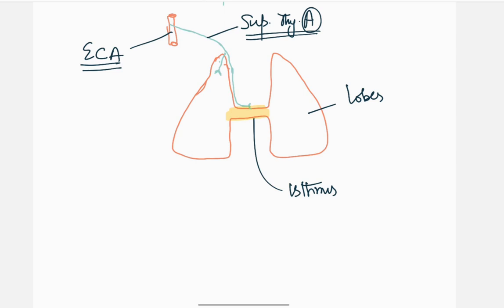So this was at the upper, and if we see from below, we can make this roughly, we are having the thyrocervical trunk.